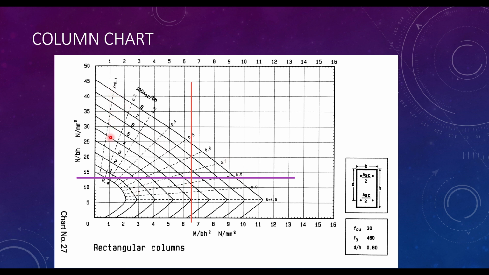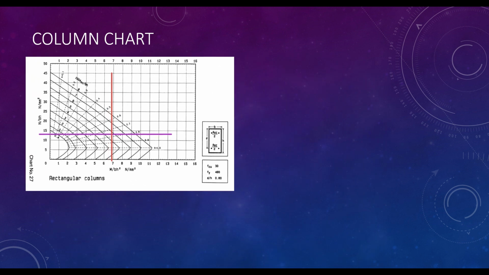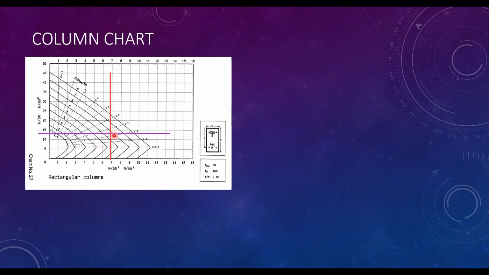All these dashed lines are K. So in that case, based on approximation, we can assume that our K equals 0.77. It is very close to 0.8, more than 0.7. So we assume K equals 0.77.